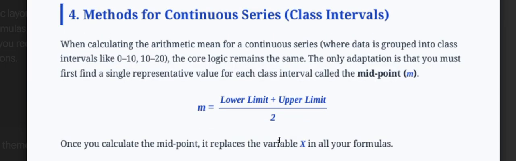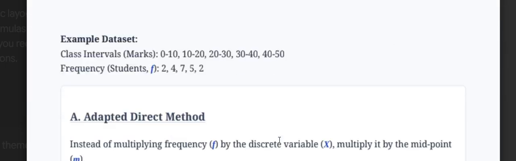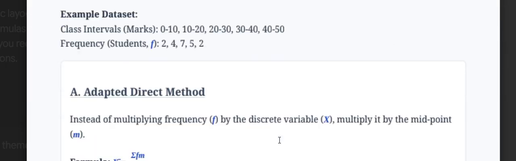So suppose the question is saying class intervals 0 to 10, 10 to 20, 20 to 30, 30 to 40, 40 to 50. This is the information we are having. Thereafter frequency. Frequency is 2, 4, 7, 5 and 2.